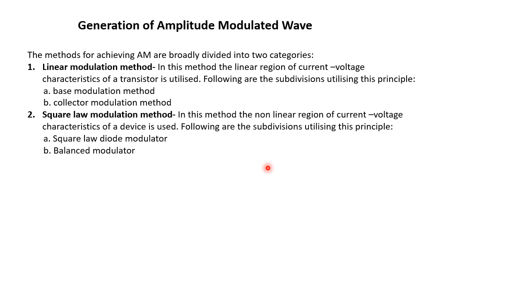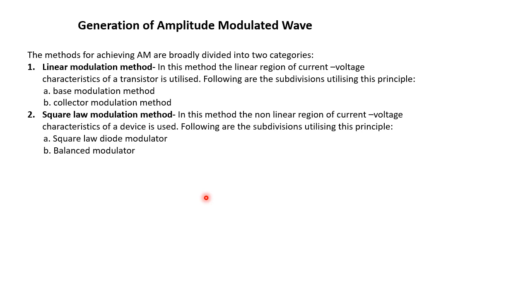In this method, we make use of the square law or the non-linear regions of the current voltage characteristics of a particular electronic device. Non-linear regions of current voltage characteristics generally have a variation according to square law.